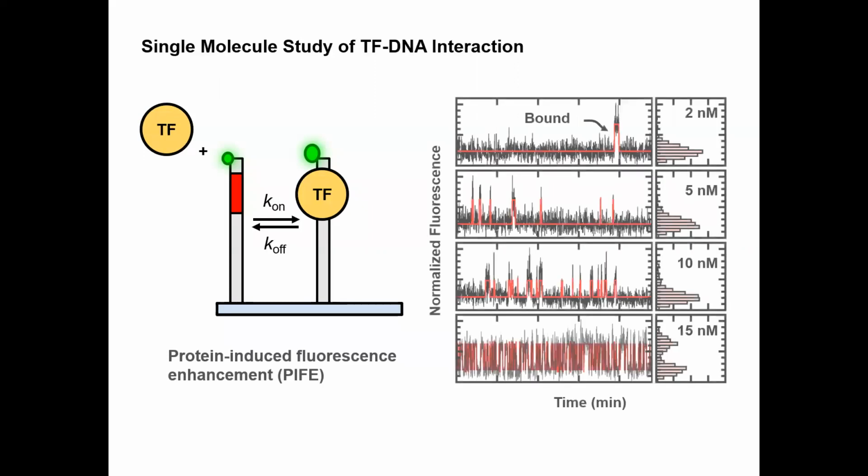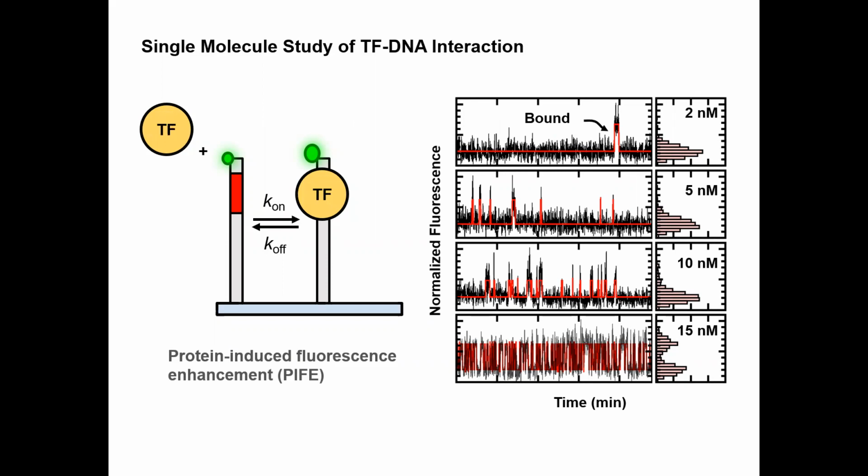And indeed, this is the raw fluorescence data. You can see that when you add the proteins, sometimes you get this uptick that represents a binding event. As you put in more and more fluorescent proteins, you see more and more of these events. And by analyzing the time in the off state versus the on state, we can get the K on and K off of the factor.